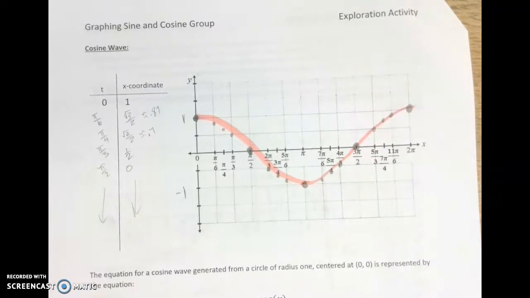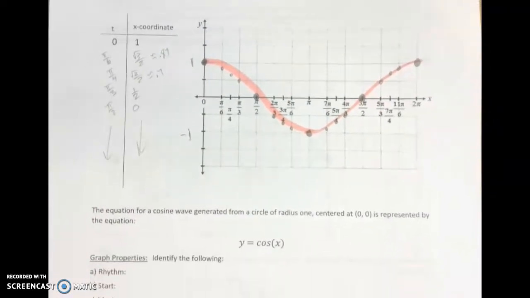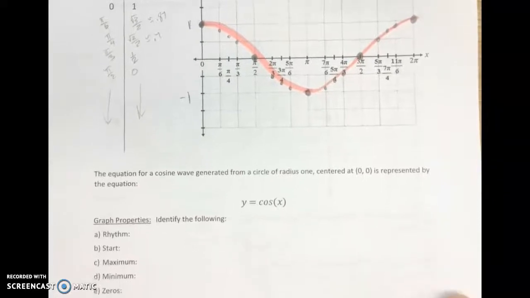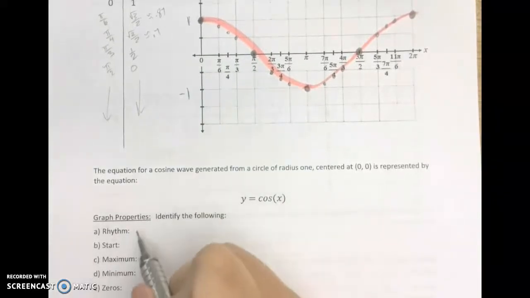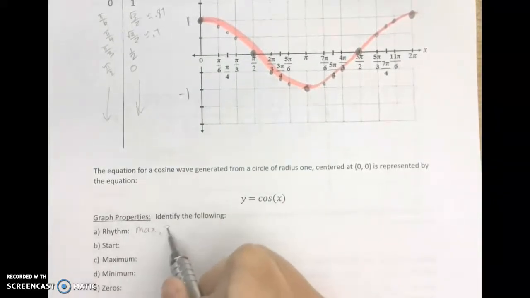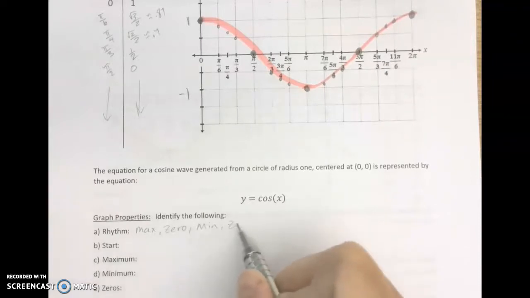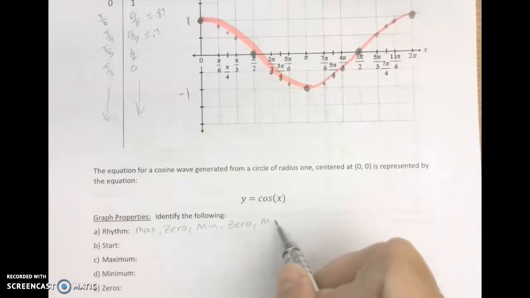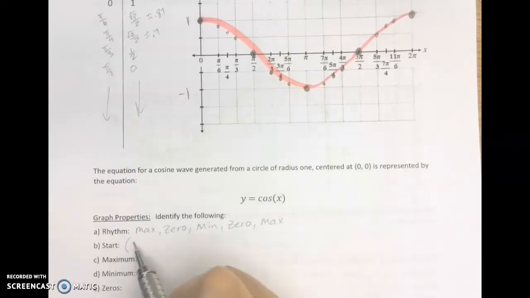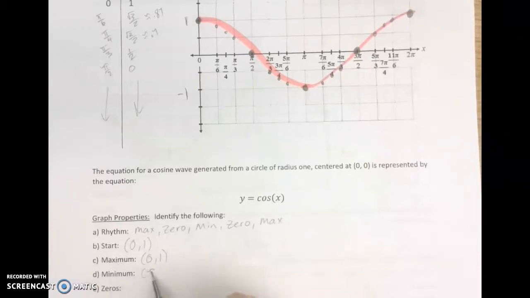So the rhythm here is going to be max, 0, minimum, 0, max. We start at a maximum, which is 0, 1. Our minimum occurs at pi and -1.